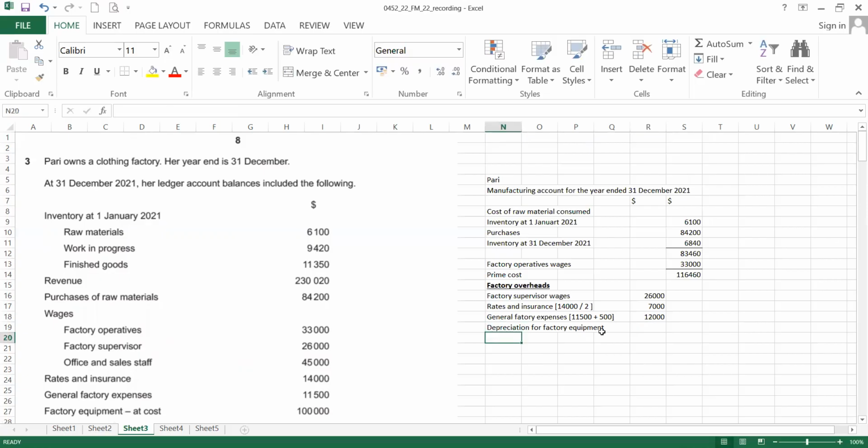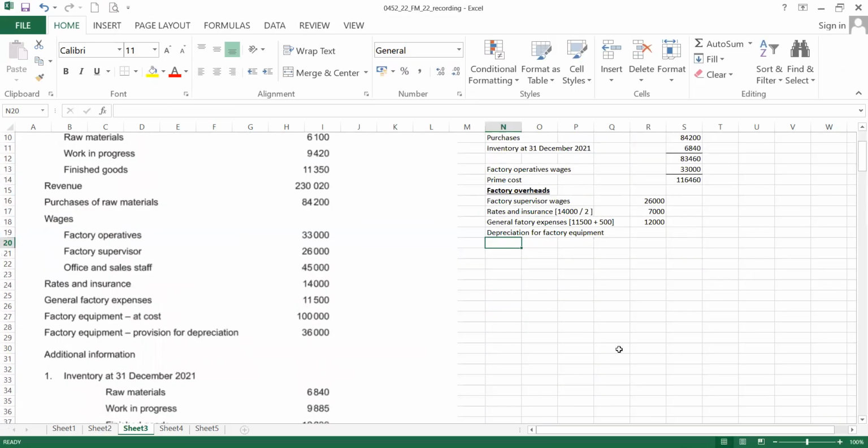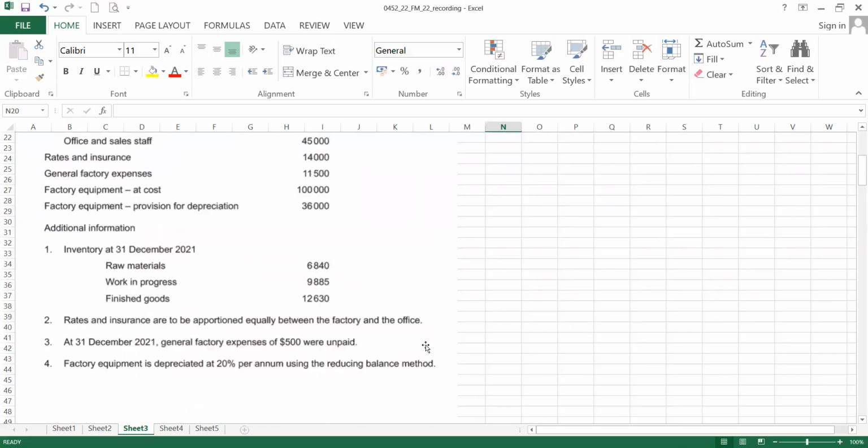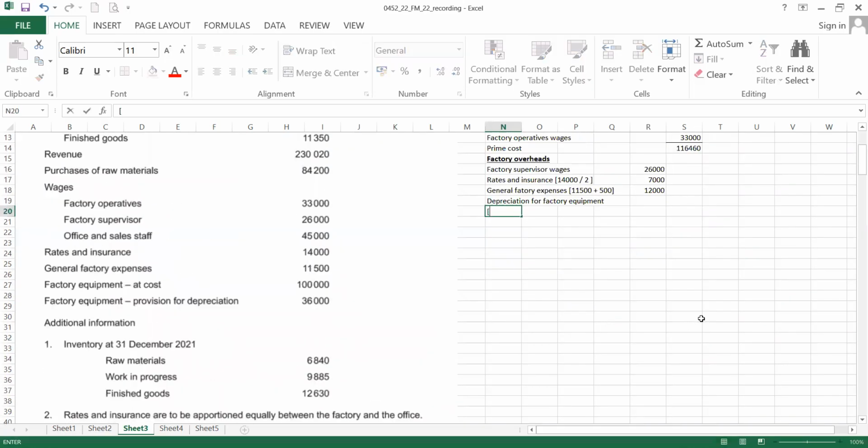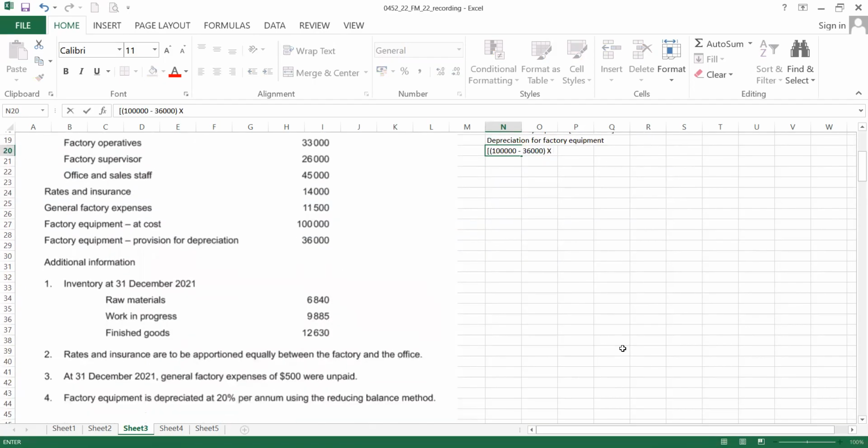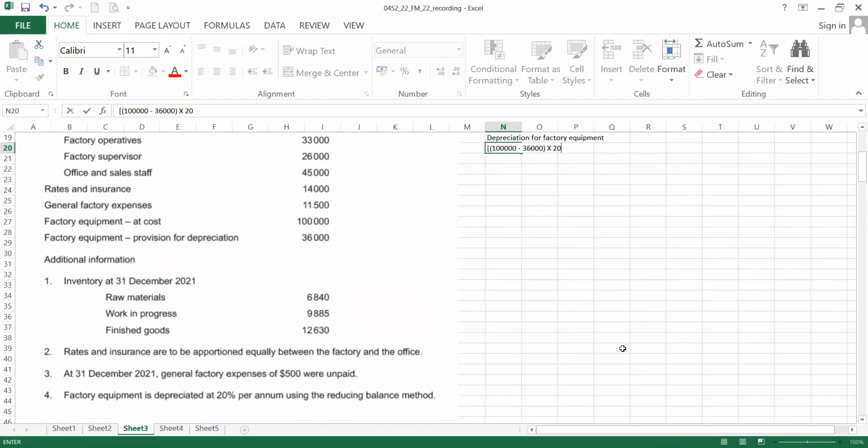Depreciation. Okay, for depreciation we are using reducing balance 20%. So we take 100,000 minus 36,000 times 20%.